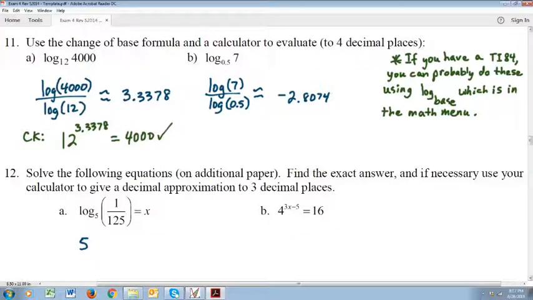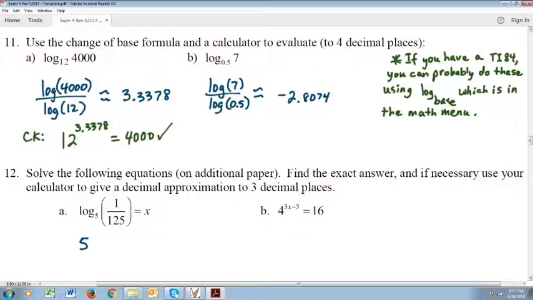Let's see. Solve the following equations, find the exact answer, and if necessary, use your calculator to give a decimal approximation to 3 decimal places. Alright, so we'll get into how the different varieties of logarithmic equations and basically our strategy, but whether we're solving logarithmic equations or exponential equations, probably one of our key strategies, one of 2 key strategies, is to change forms.